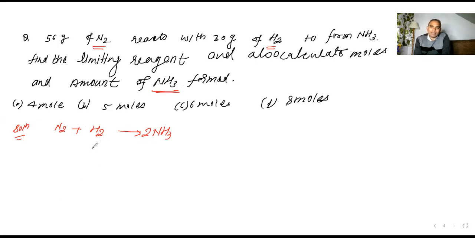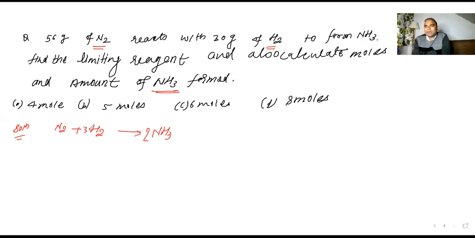But if NH3 were not given, how can you balance? The algebraic method I told you, balancing by putting values for A, B, C, you can easily balance. Here nitrogen is 2, so this is 2, and hydrogen is 6, so I'm balancing it with 3.